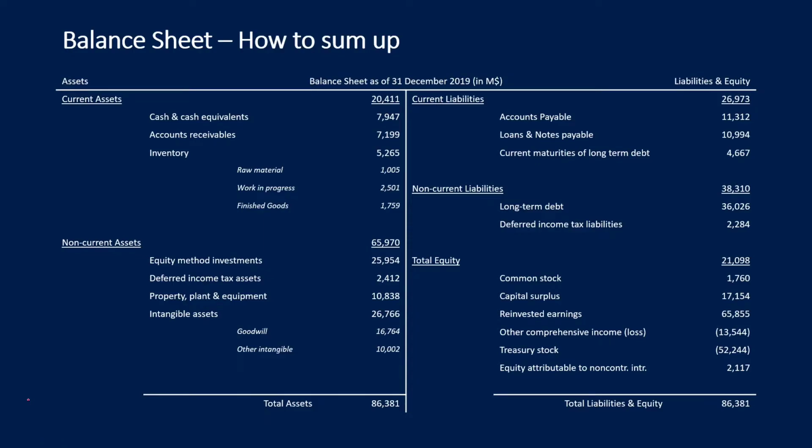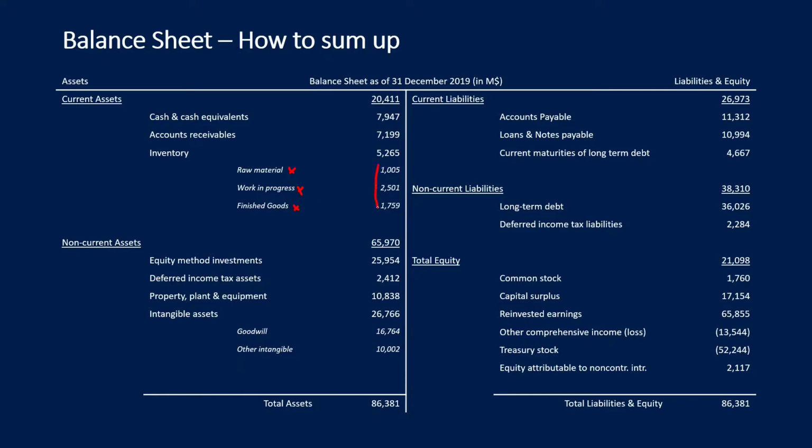Seeing a balance sheet for the first time, it is sometimes hard to get an overview of how the numbers interact and especially how they sum up. So I have tried to structure this balance sheet in a way that you already see. Let's have a look at these items: raw material, work in progress, and finished goods.